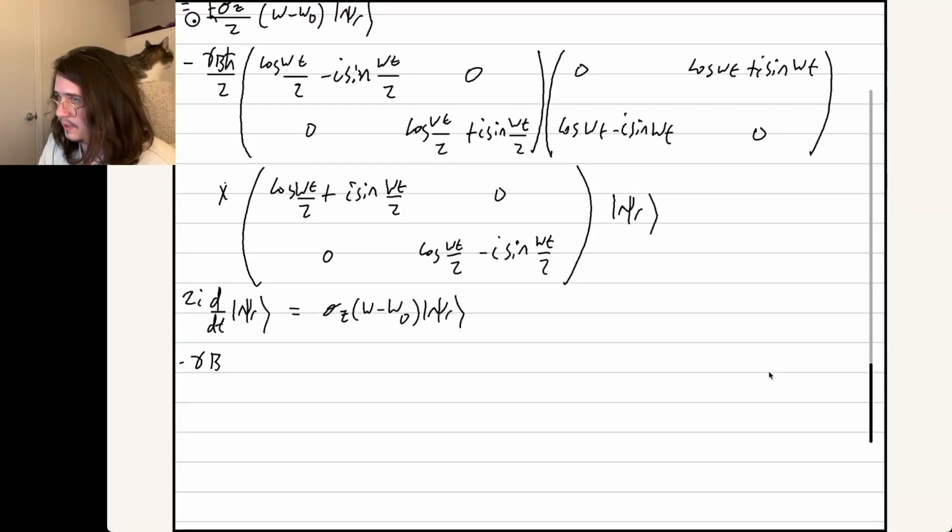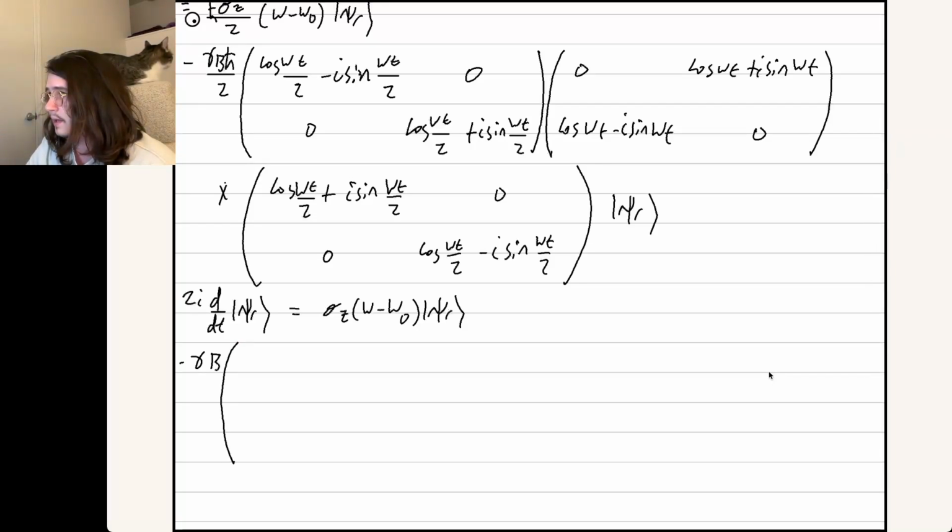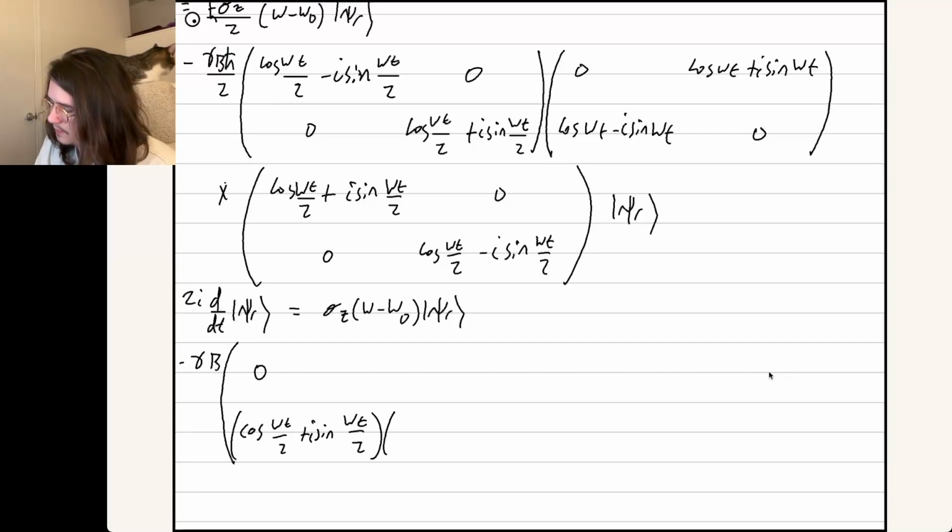And we can expand, actually don't expand. First of all, we're going to multiply the first 2 matrices together, which is going to read the diagonal terms. You'll have the cosine omega t over 2 plus I sine omega t over 2 stuff multiplied with cosine omega t minus I sine omega t.